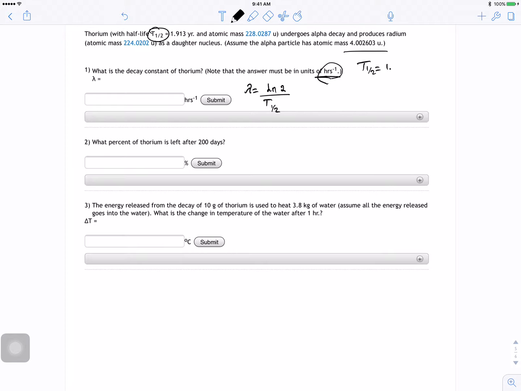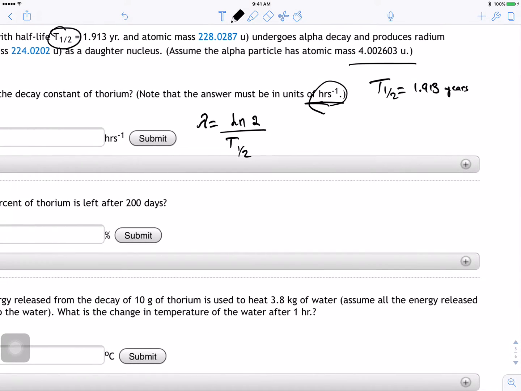So this is 1.913 years, which is equal to 1.913 years times 365 days per year, times 24 hours per day.